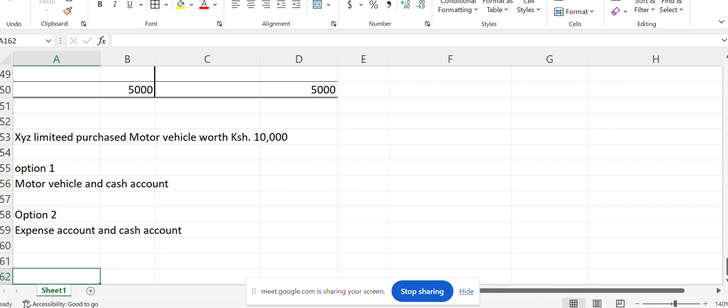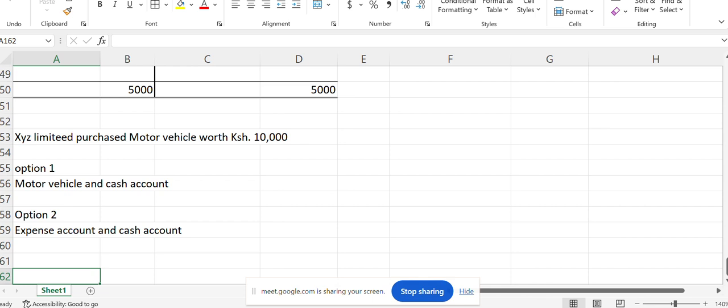Remember in our first topic, the requirements for an item to be called an asset. There is a probability that that item will generate some future cash inflow. Number two, you own or control it. And number three, you must measure it. So this transaction is not an expense.